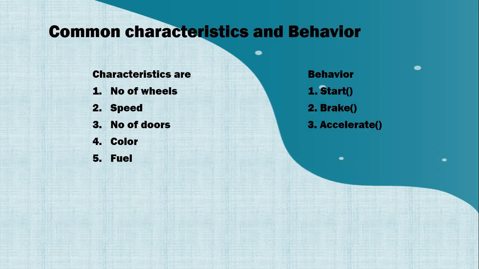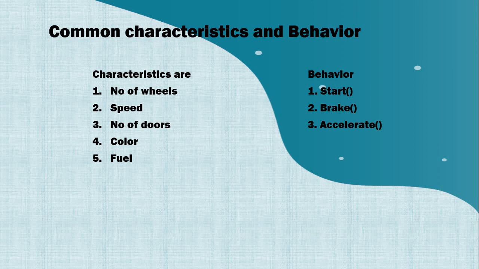The common characteristics available whether you see it in the car, bike, truck, or van are number of wheels, speed, number of doors, color, fuel, and behavior like start, brake, accelerate. These are the basic characteristics available in the vehicle class. All these basic characteristics are derived in the derived classes when we are creating the class.